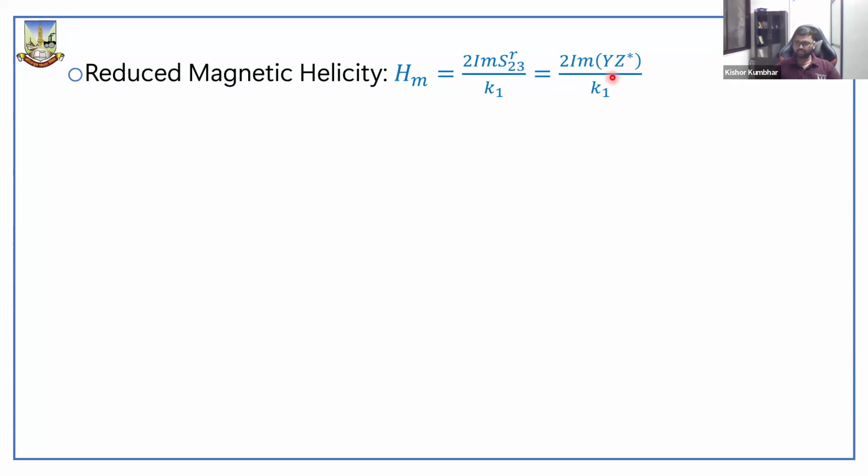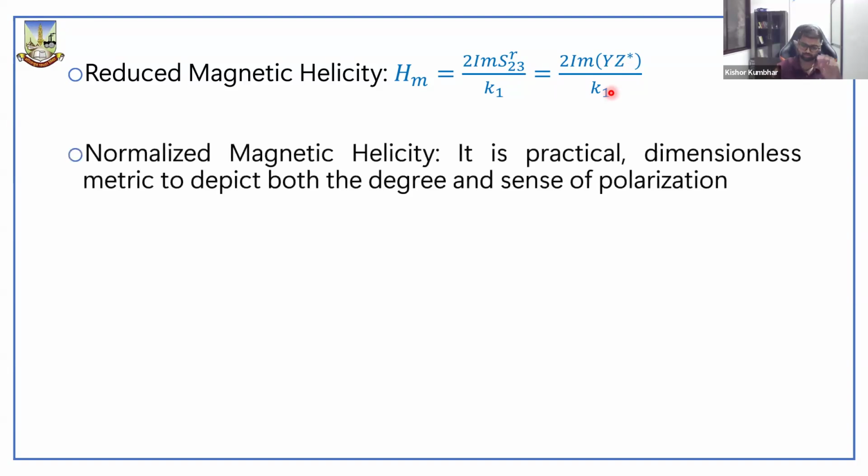K1 is the wave number. Here Y and Z star represent the Y and Z components of the magnetic field. What we are doing is adding a phase shift of 90 degrees to one of the components in order to measure the polarization. Thus, this quantity gives us the polarization of the wave.